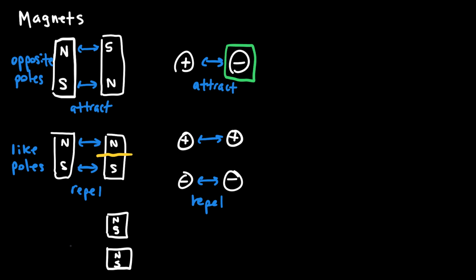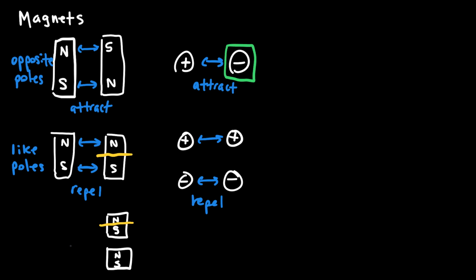And if we were to cut that again, we would find the same thing: each piece would generate two pieces when it gets cut in half, and each of those two pieces would have a north and a south pole. So I can separate charges, but I can't separate the two poles of the magnet. What we know so far is that no matter how many times we subdivide a magnet, we should end up with two poles, both a north and a south pole.